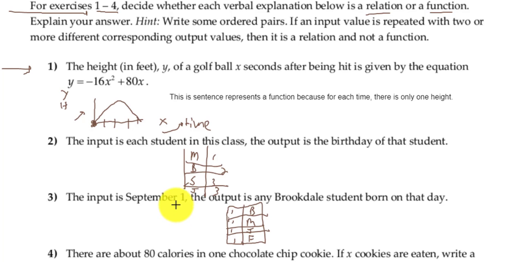At Brookdale, with maybe 14,000 students, it's possible that 4 or more of those students have a birthday that falls on September 1st. So the input September 1st might have multiple outputs. So this would not be a function. Maybe we would just call it a relation that is not a function.